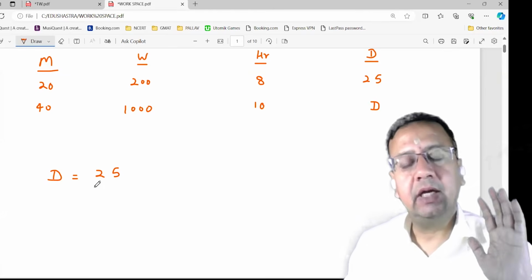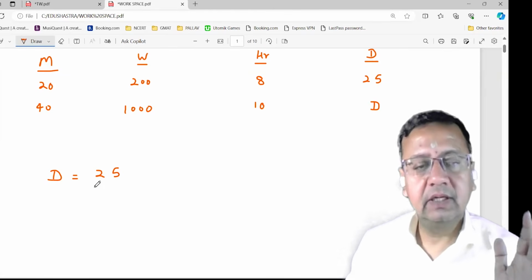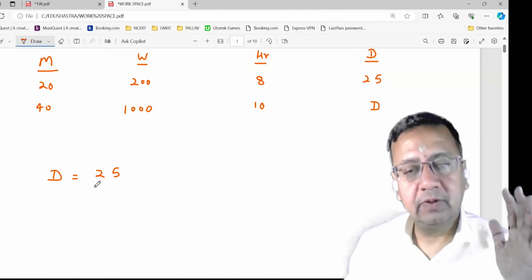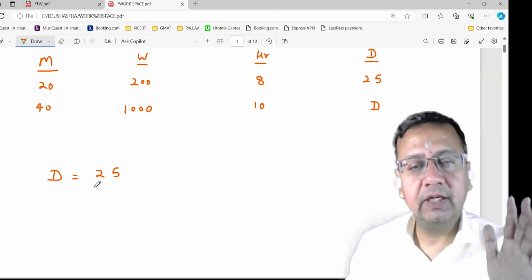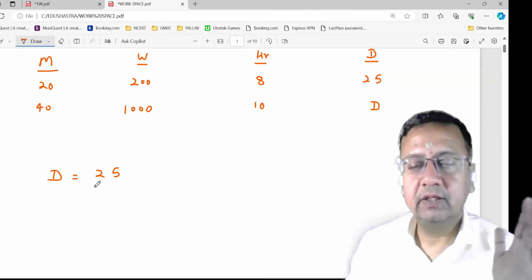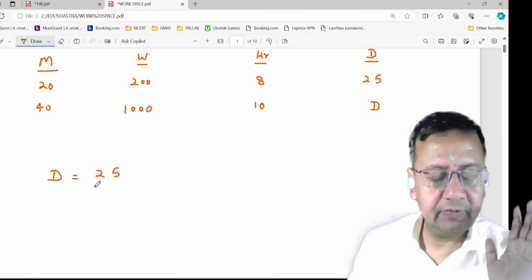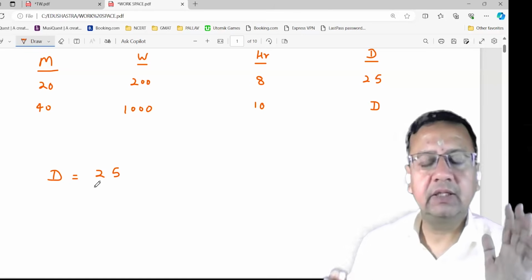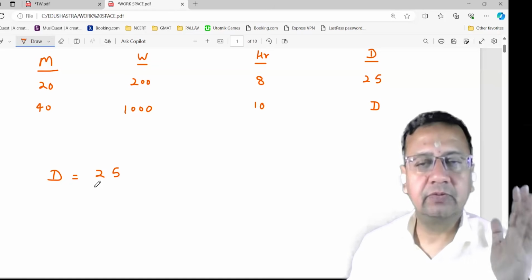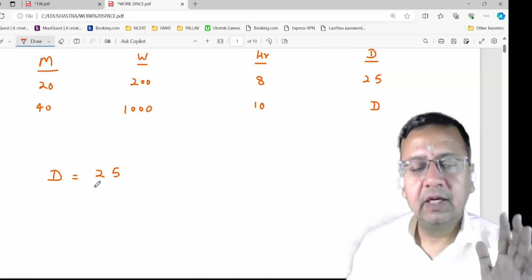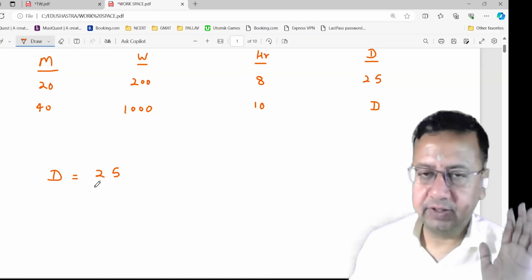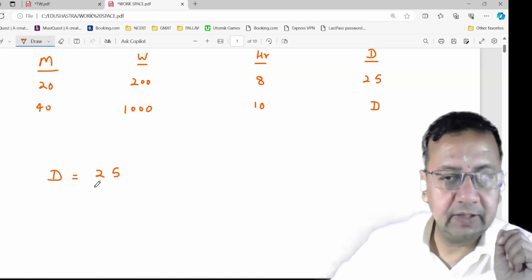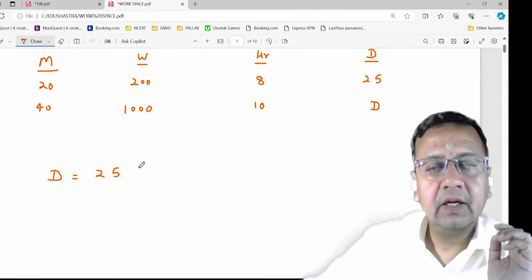Depending on the amount of work, days will again increase or decrease. Depending on the number of hours you work daily, your days will change. I suppose everyone agrees with this, right? Whatever the variation in the number of persons, the amount of work, the number of hours, my days will change accordingly. So I have to modify this number 25, which is the present number of days.